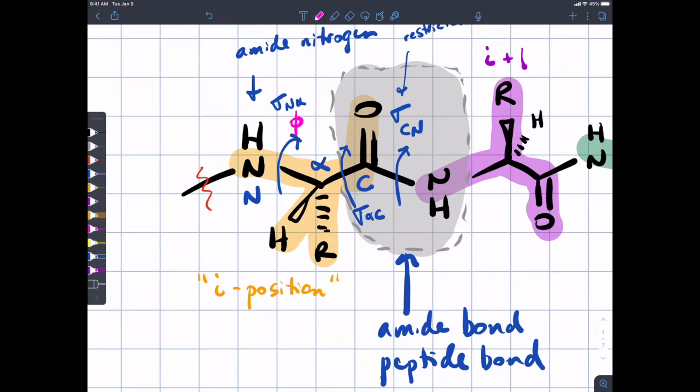And I don't know why we do that, but that's the letter they've chosen. For the bond between alpha carbon and carbonyl carbon, for the dihedral angle about that bond, we use the Greek letter psi. And then for the bond between carbonyl carbon and nitrogen, we use the Greek letter omega: phi, psi, and omega. And we'll talk about the values that are typically adopted by each of these angles and how that influences the structure that a protein has.